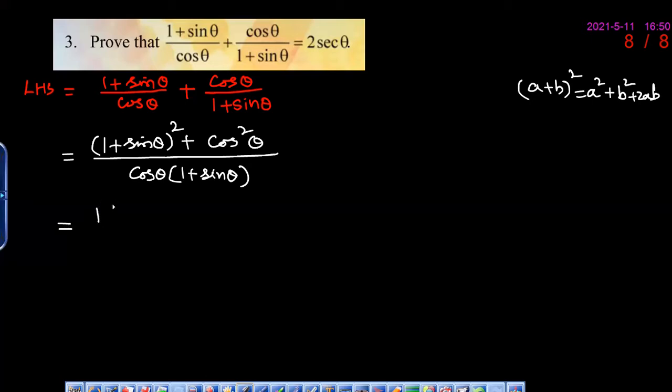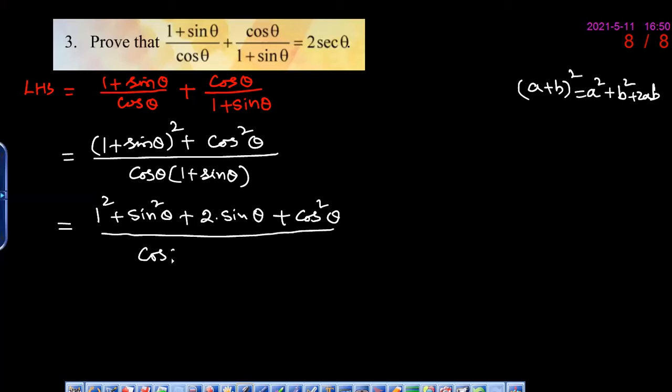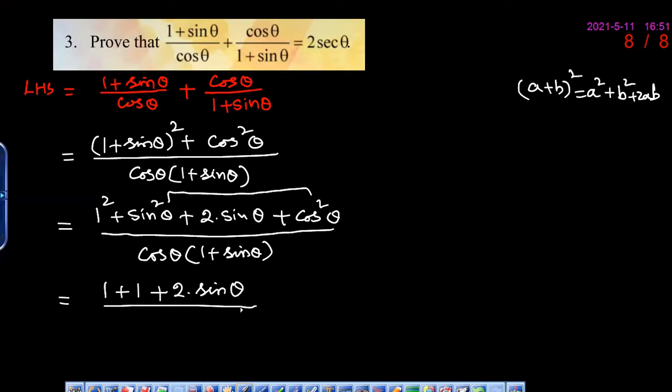So I can write 1 square plus sin square θ plus 2 sin θ plus cos square θ, divided by cos θ into (1 + sin θ).